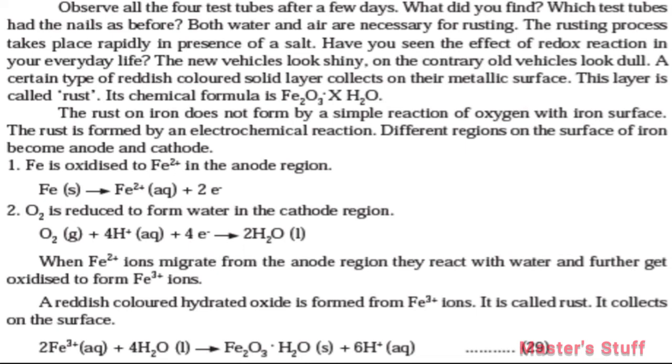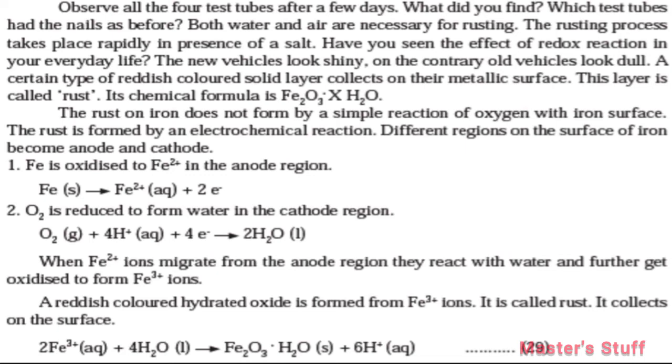The rust on iron does not form by a simple reaction of oxygen with iron surface. The rust is formed by an electrochemical reaction. Different regions on the surface of iron become anode and cathode. First, Fe is oxidized to Fe2+ in the anode region.